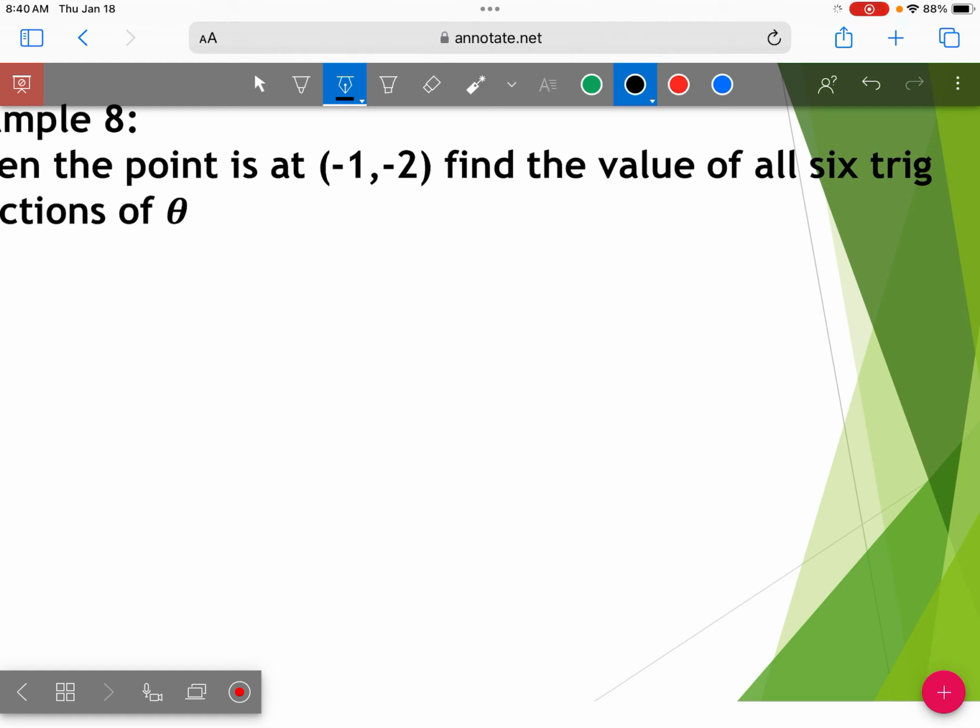Same process, except now it's not a Pythagorean triple. Show me with your finger, what quadrant do you think we're in now? The third quadrant, good.